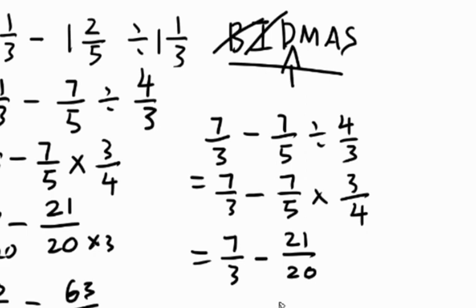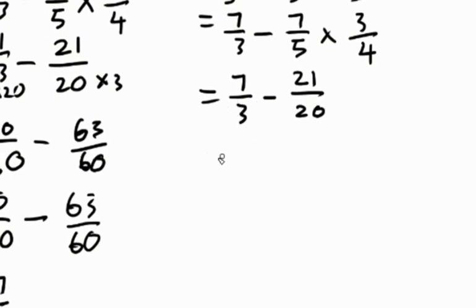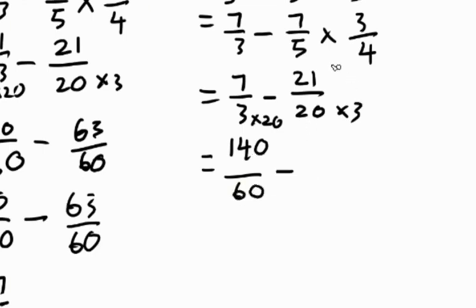So now we will get the same denominator, so this will equal 140, because we will be multiplying this by 20 and this by 3, over 60 minus 63 over 60.